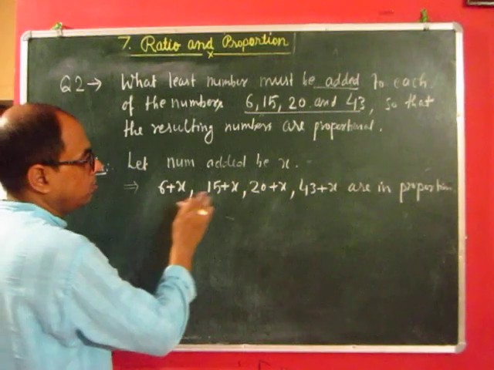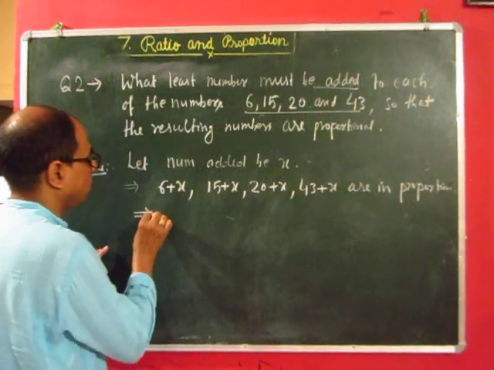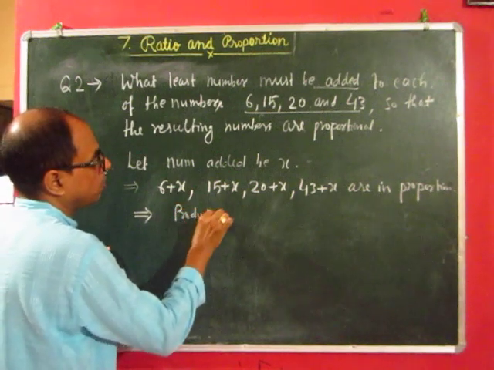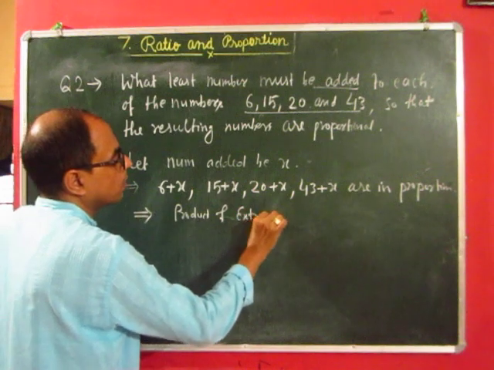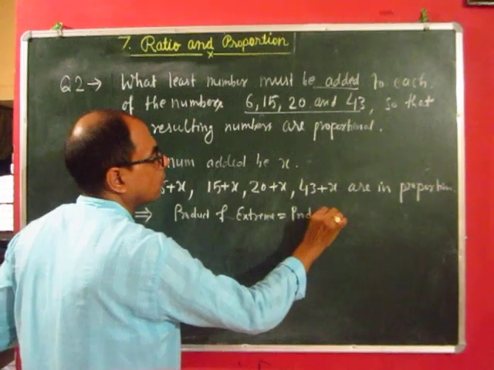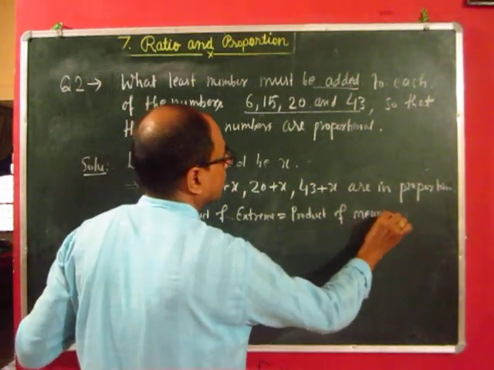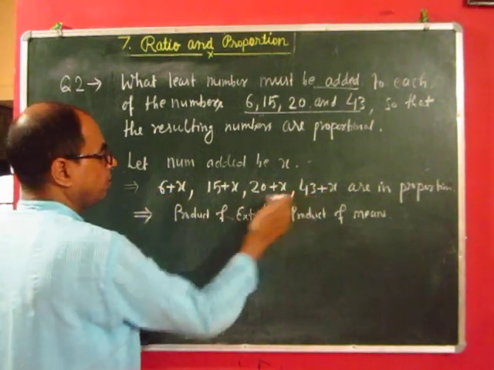So if these four numbers are in proportion, then we can use the property product of extremes is equal to product of means. The first and last are called extremes.